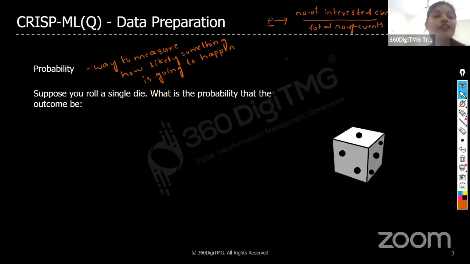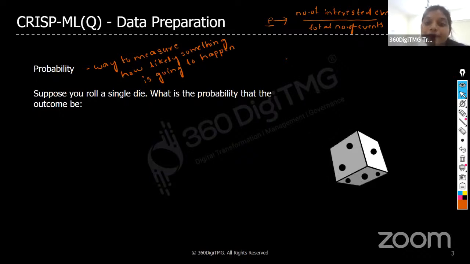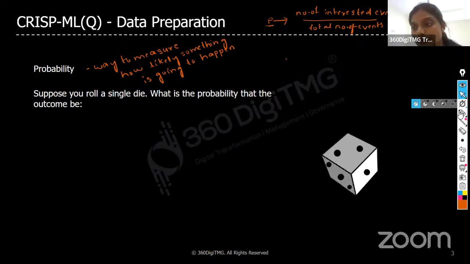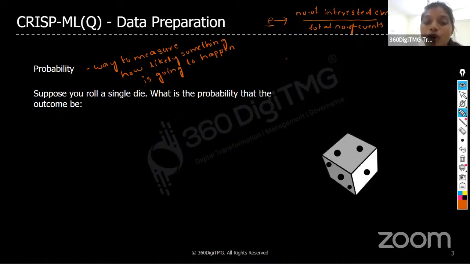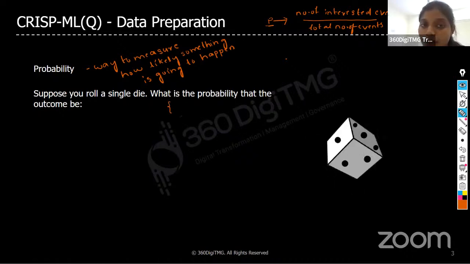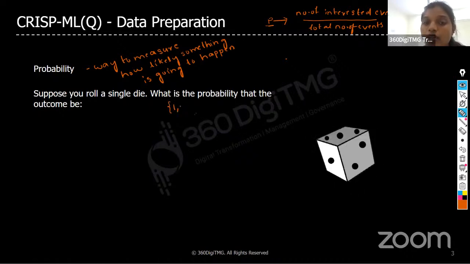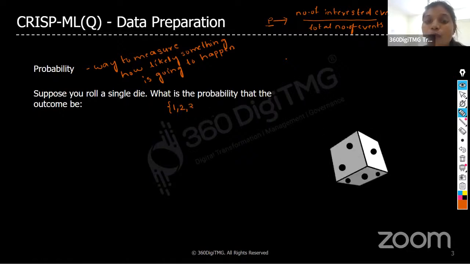Suppose here we have an example. You are rolling a single die. Here you can see the die. So this is a single die. Now, what is the probability that the outcome may be something? When you are rolling a single die, the outcome may be 1, 2, 3, 4, 5, or 6.